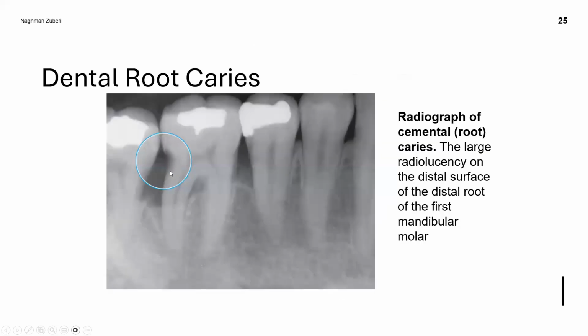These are the root caries. And for root caries, remember one thing, that some portion of the cementum or root is going to be exposed in the oral cavity, meaning the supporting bone is going to be resorbed.